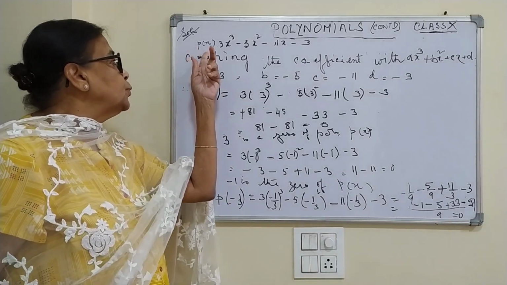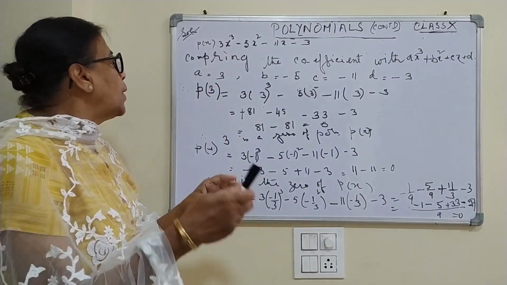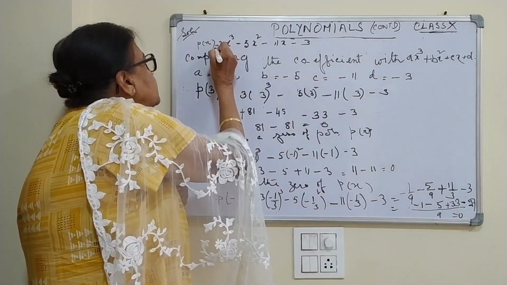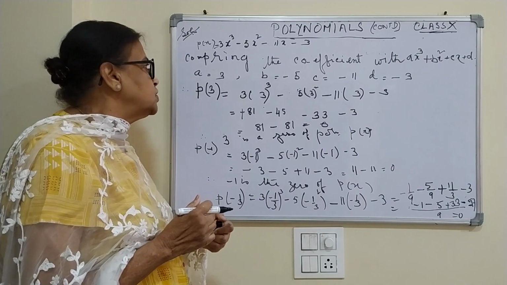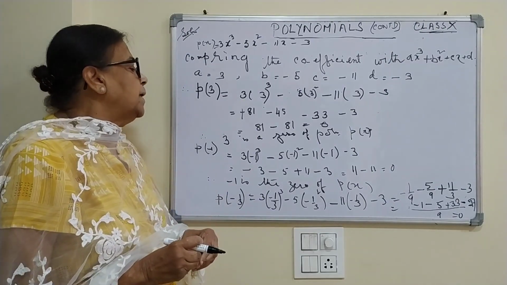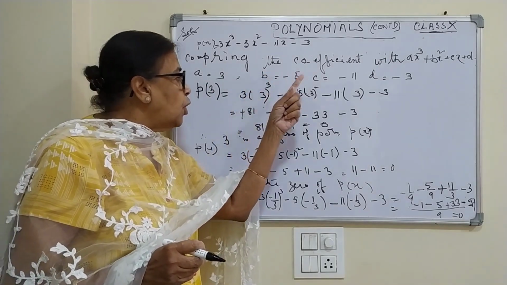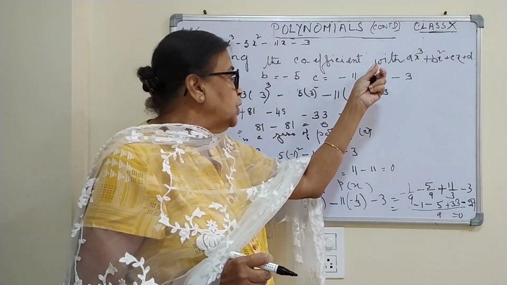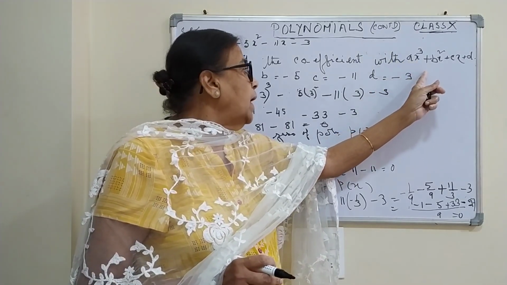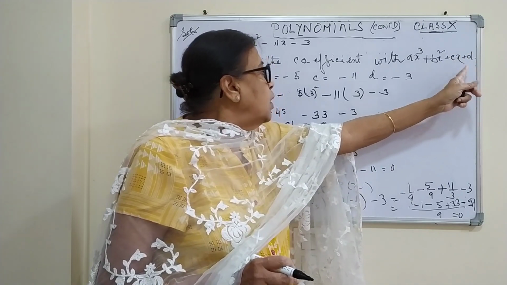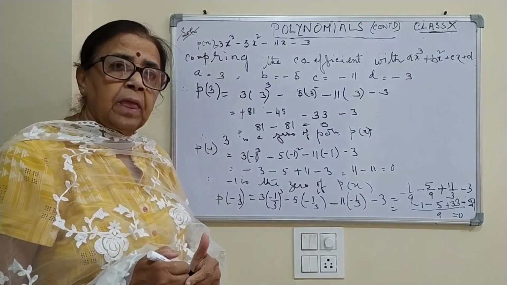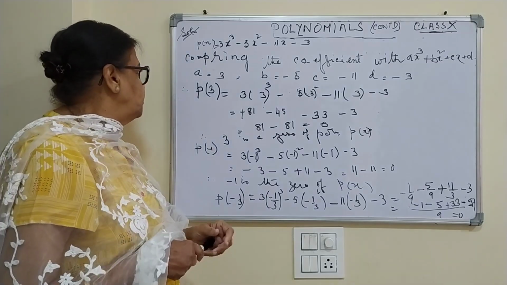We gave you the polynomial 3x cube minus 5x square minus 11x minus 3. Let us compare the coefficients with a polynomial of degree 3, that is ax cube plus bx square plus cx plus d, where a, b, c, d are constants and x is the variable.